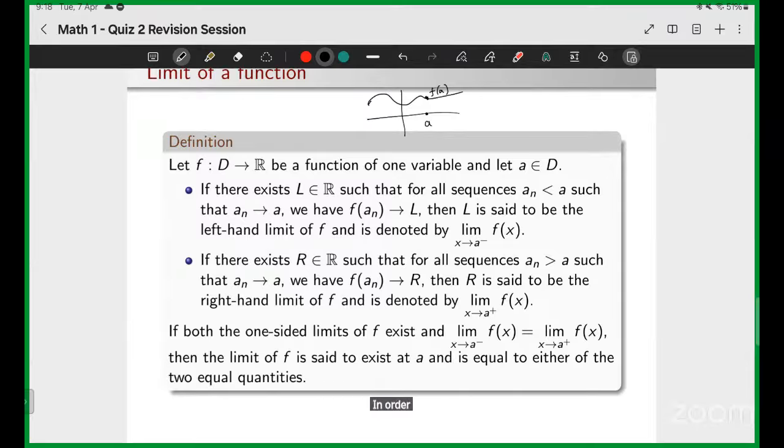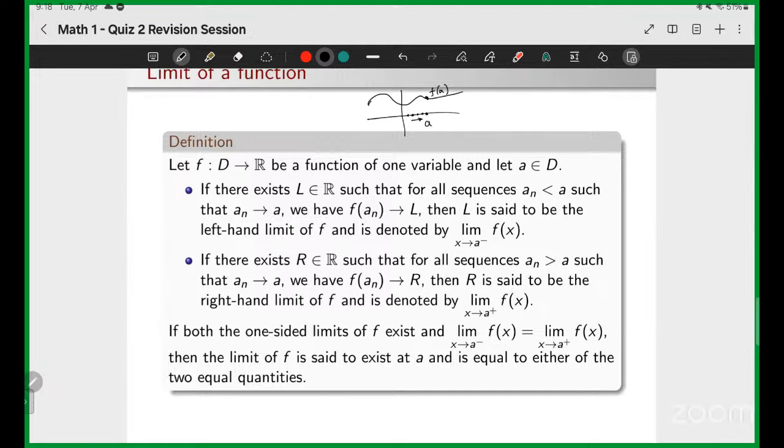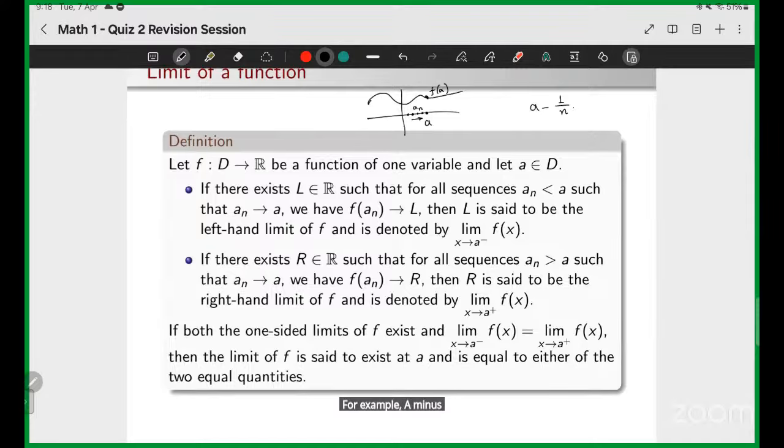In order to make the notion of continuity rigorous, what we will do is the following. We'll look at sequences of points which converge to this a. I'll take a sequence which is less than a, but converges to a. For example, a minus 1 by n is one such sequence. You can always use this sequence.